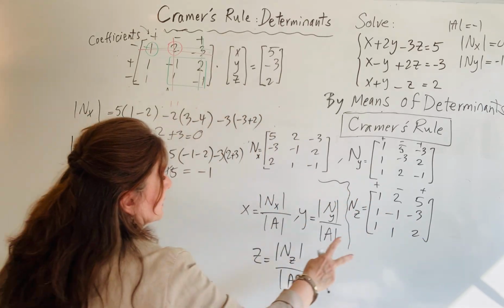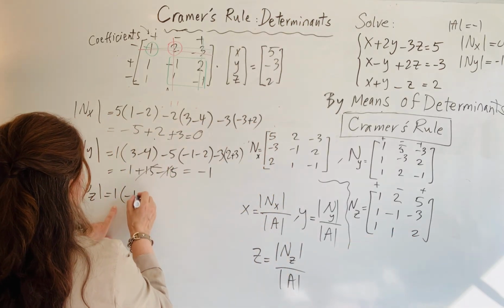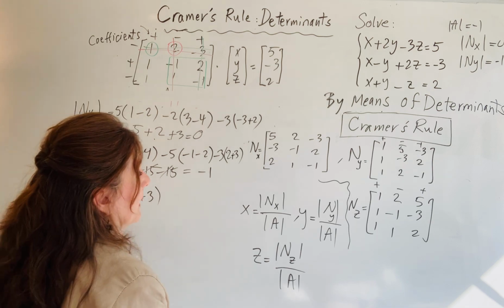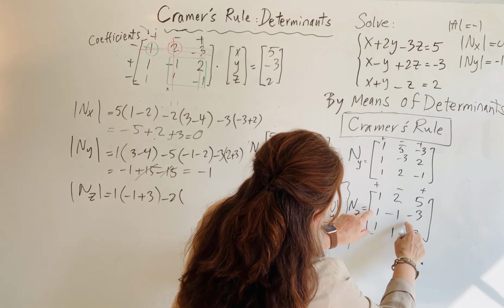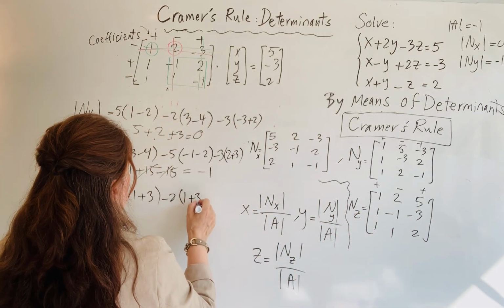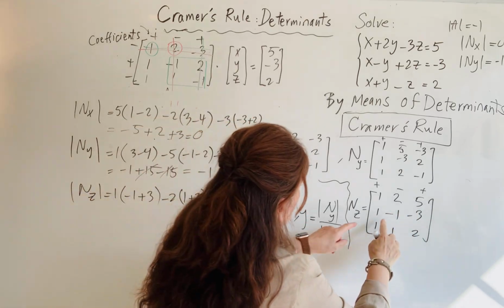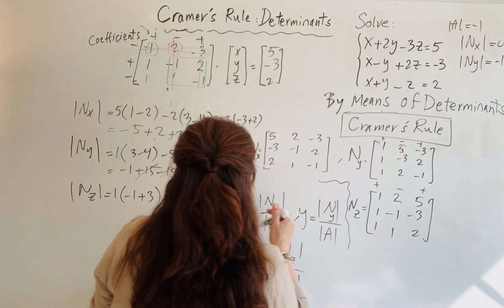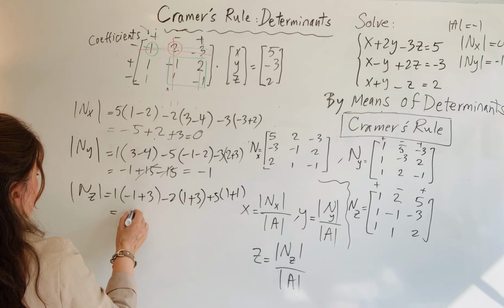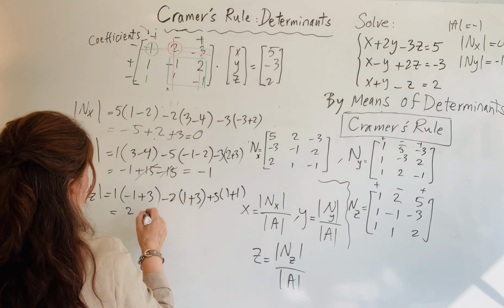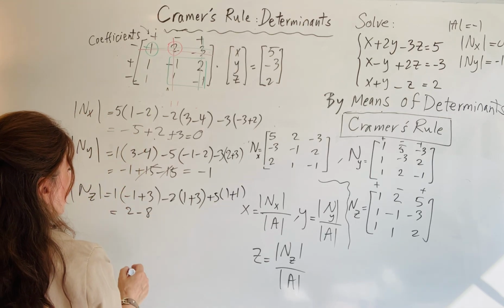Okay, 1 times the determinant of this, -1, -3. Okay, this is negative. -2 times what? These two. 1 minus 3. 1 plus 3. 5 times 1 times 1, -1, 1 plus 1. -1 plus 3 gets 2. 4 times this, -8. 2 times 5 gets 10.